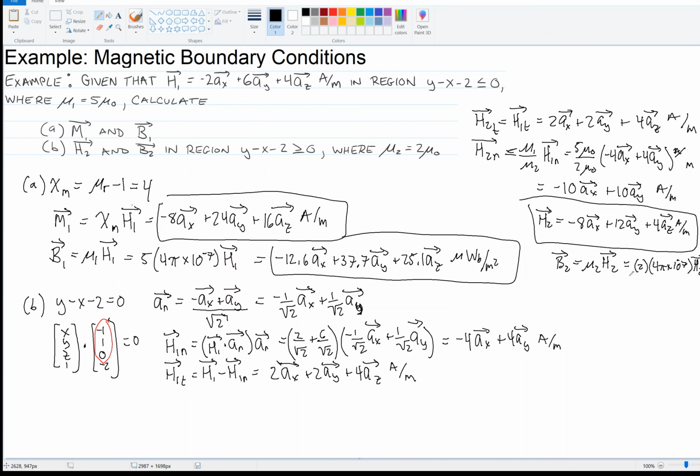So I'll let you, again, punch in those numbers, and what I see on my calculator, up to 3 significant digits, is minus 20.1 ax plus 30.2 ay plus 10.1 az, and that is in micro, micro is 10 to the minus 6 Webers per square meter. That's what I get, and that is the end there.